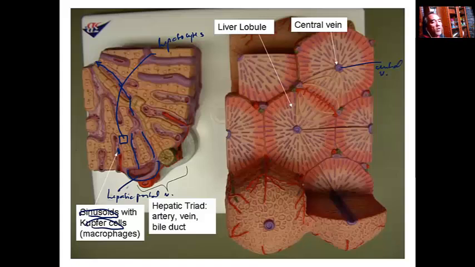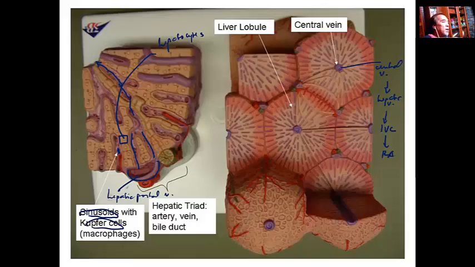All of the central veins will then go into the hepatic vein. And the hepatic vein will carry it to the inferior vena cava to the right atrium. The liver has a very important role in processing whatever is absorbed by the intestinal tract through the hepatic portal.